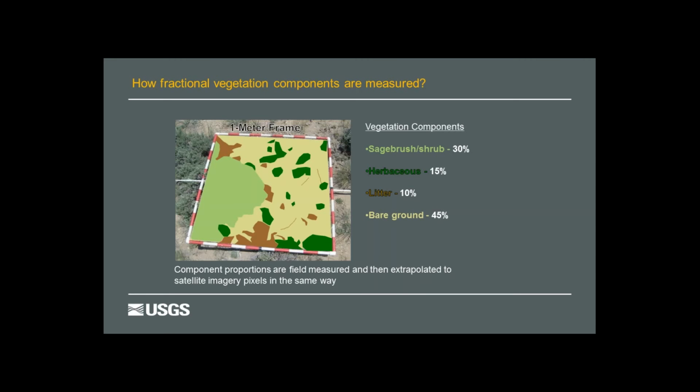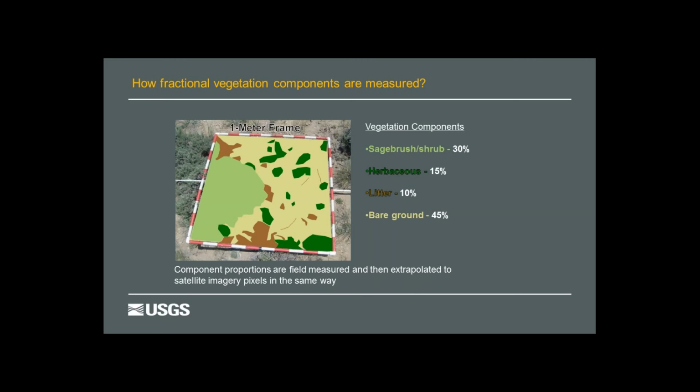They then take that frame, and in each of the 4 cardinal directions, they will take another reading 5 meters away from that initial point.